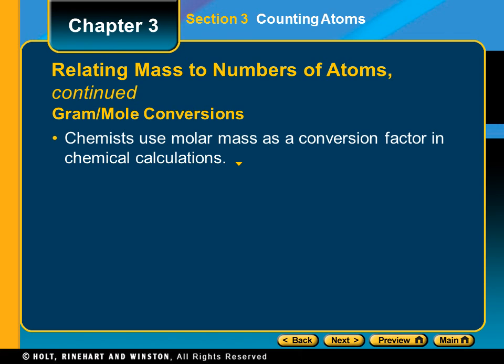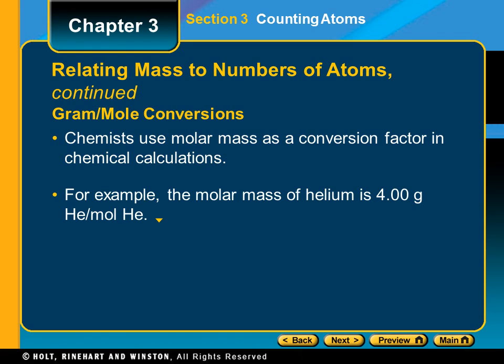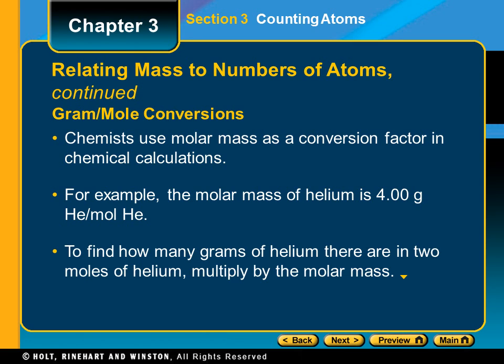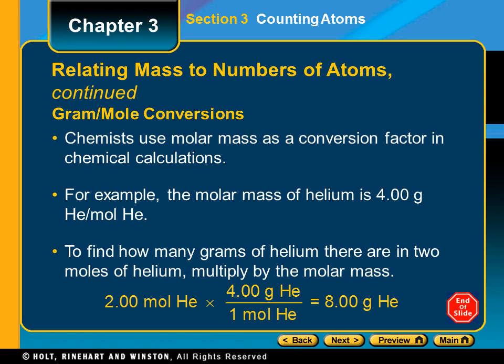So molar mass is a conversion factor in chemical calculations. For example, the molar mass of helium is 4 grams per mole. What it is, is 4 grams of helium per mole of helium. To find how many grams of helium there are in 2 moles of helium, multiply by the molar mass.